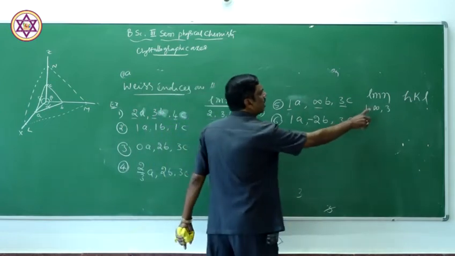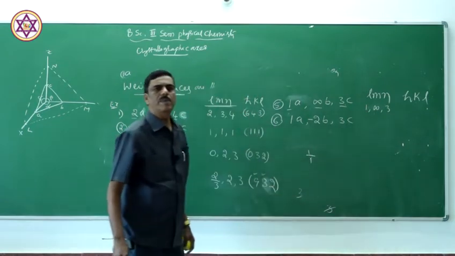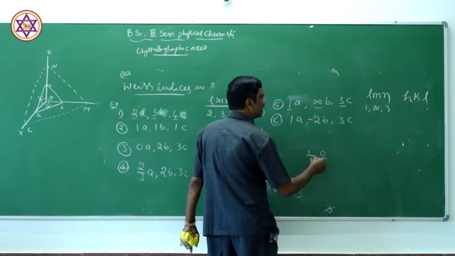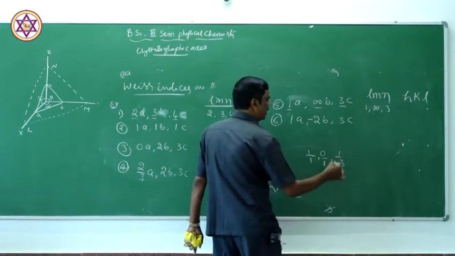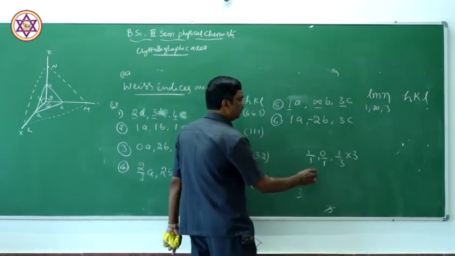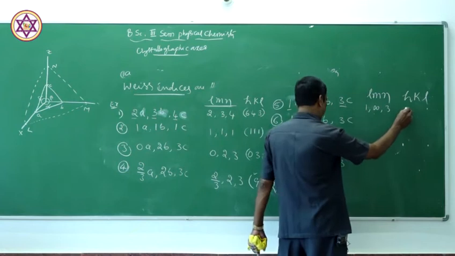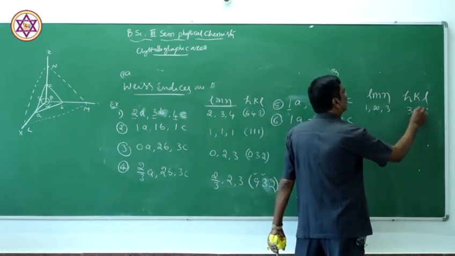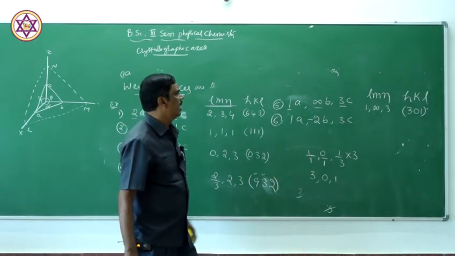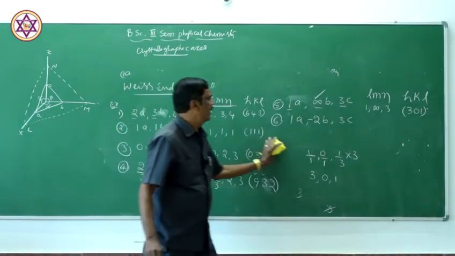Now, you take the reciprocal of this: 1 by 1, reciprocal of infinity is 1 by infinity, which is 0, and reciprocal of 3 is 1 by 3. You multiply that by a whole number 3. So, this becomes 3, 0 and 1. Therefore, the Miller indices HKL is (301). No separation by a comma, only inside a small bracket you write. So, even though there is infinity, we can convert that into Miller indices.